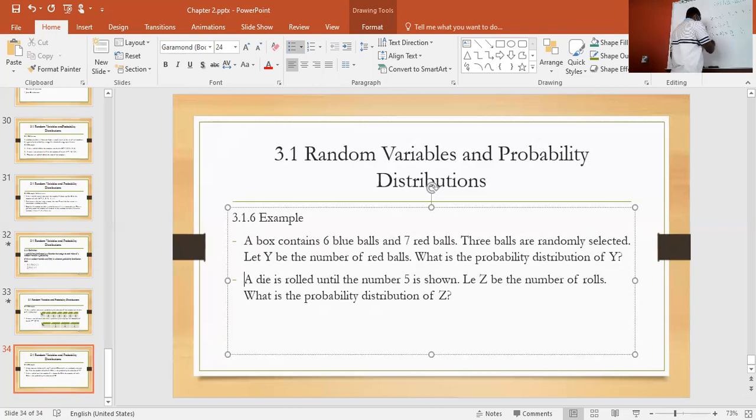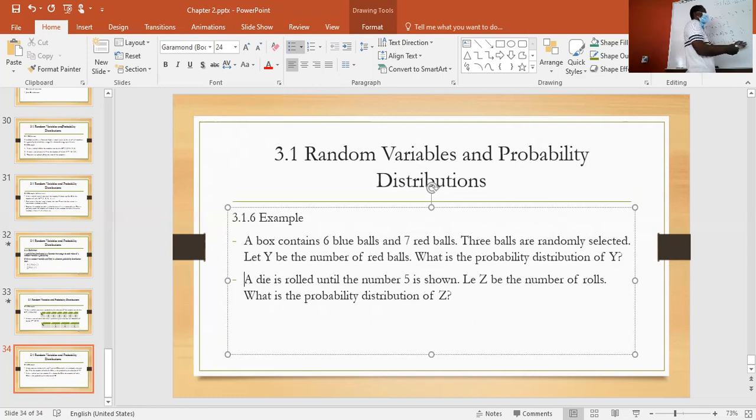So what about the probability that Z is equal to 3? That means first roll, no 5: 5/6. Second roll, what do we get? We will get 5 only at the third roll. First roll, 5/6.